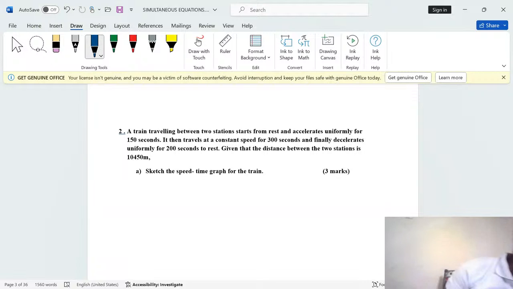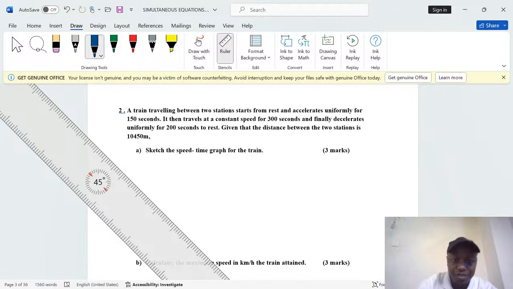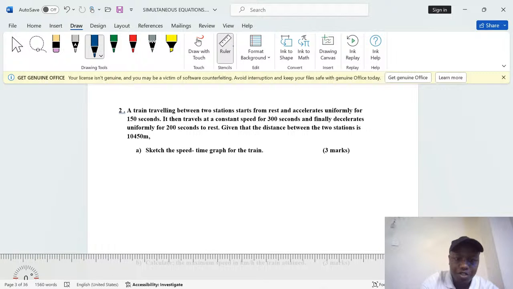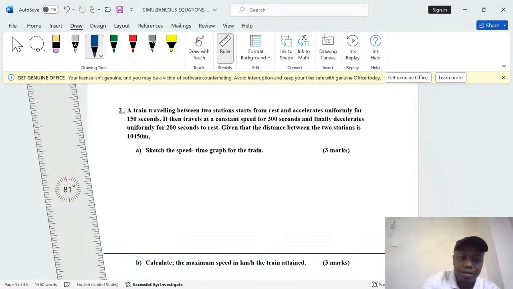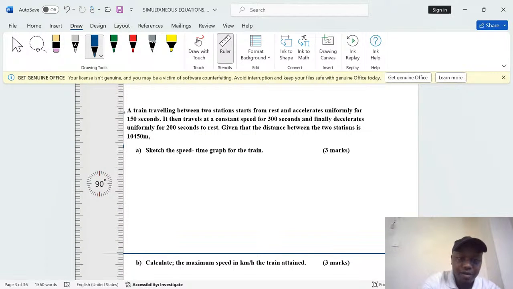The speed time graph is also what we call the velocity time graph. That is what we are told to plot in this case. Not even to plot, but just to sketch. Therefore, we need time on the horizontal axis, and we also need speed on the vertical axis.